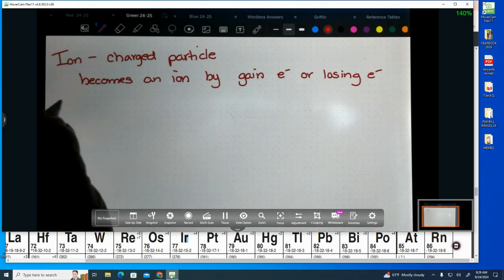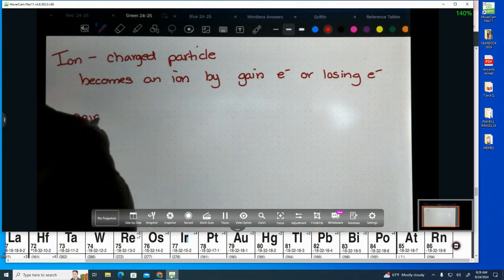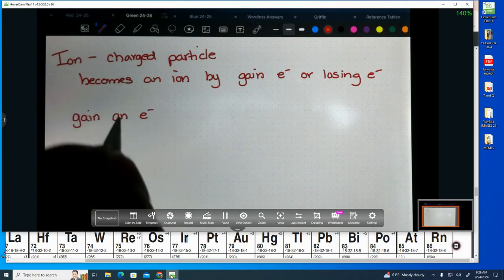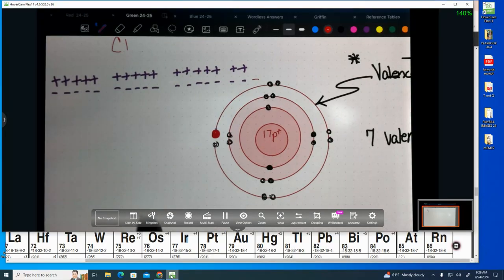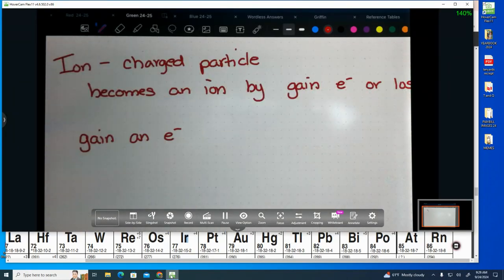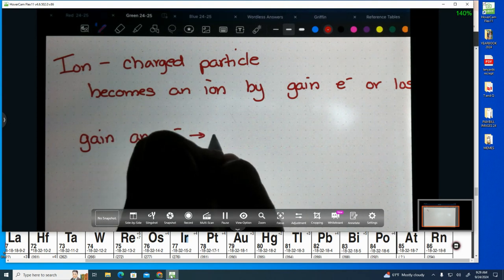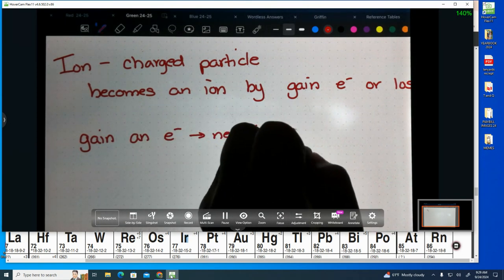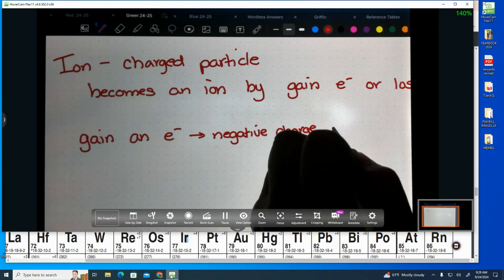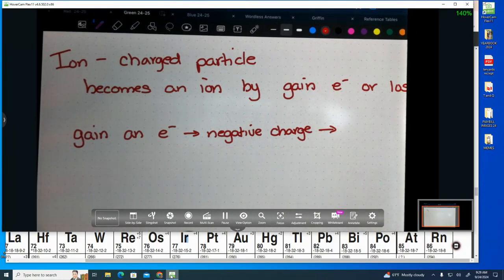And when you gain an electron, what does your overall net charge become? Negative. So if you gain an electron, you become a negatively charged particle. And that negatively charged particle has a name.